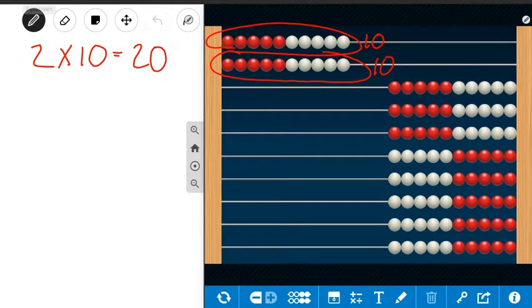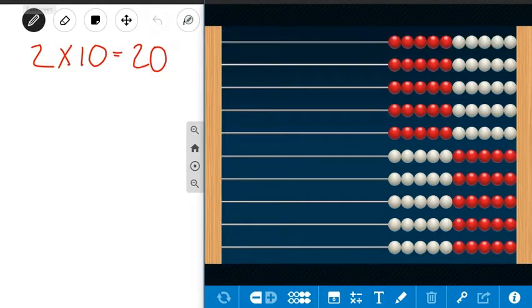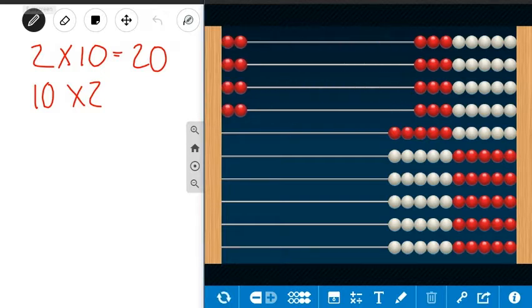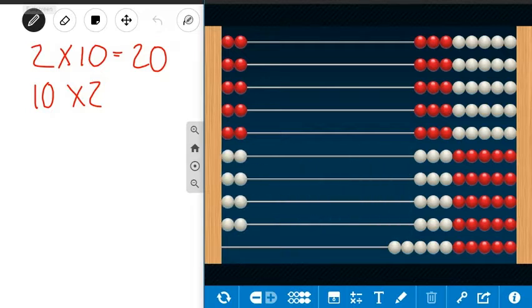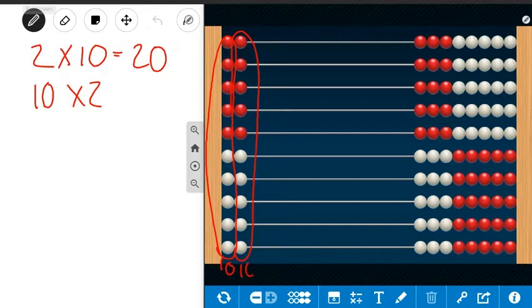And if I represented that another way and do 10 times 2 instead, with 10 rows of 2, I still have 10 2 times. 10 here and 10 there. It's still 10 and 10. So 10 times 2 leads to the same product of 20.